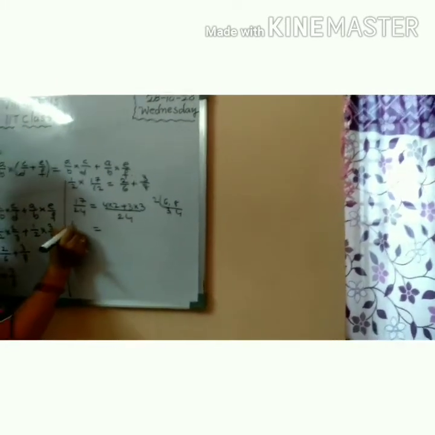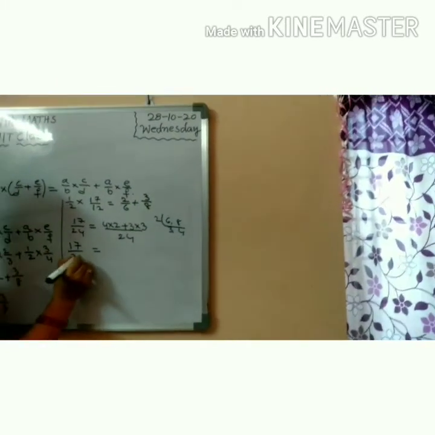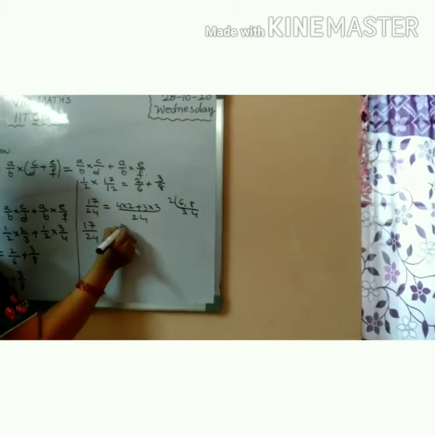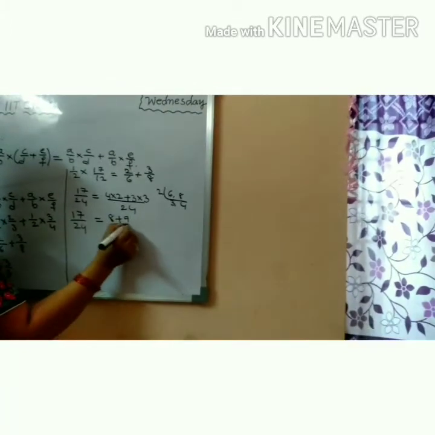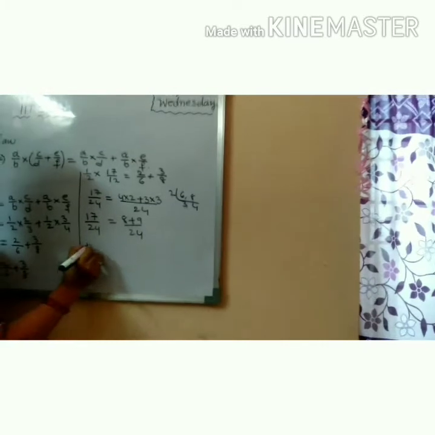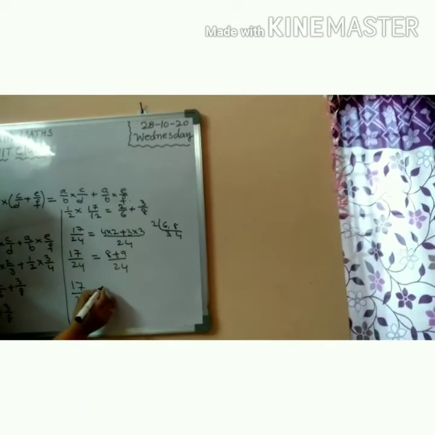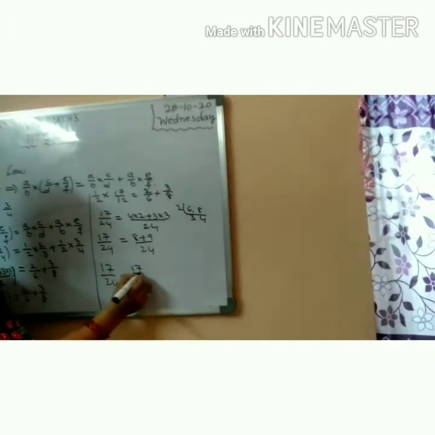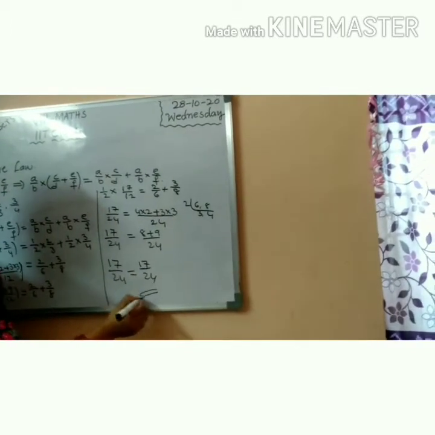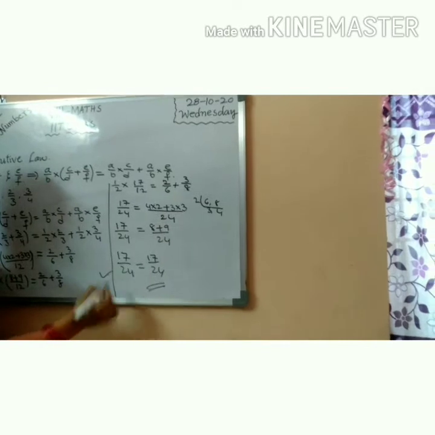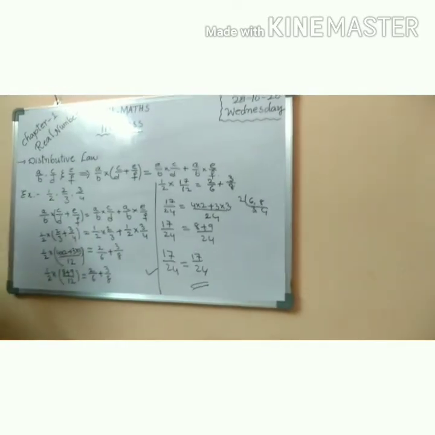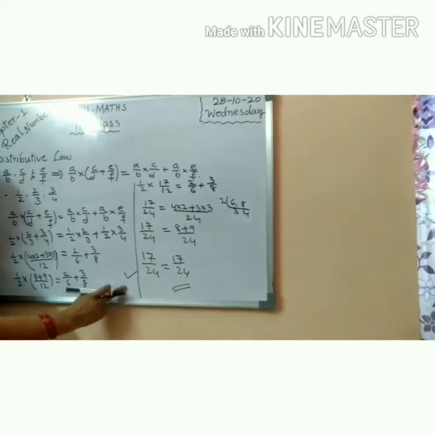So 17/24 is equal to (8 plus 9) by 24, which is 17/24. The values are the same, so the multiplicative distributive law is possible.